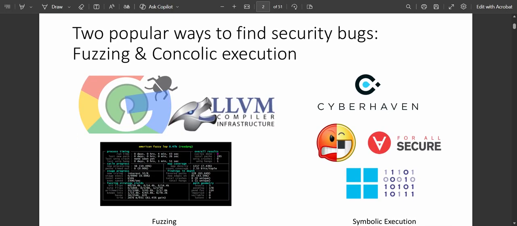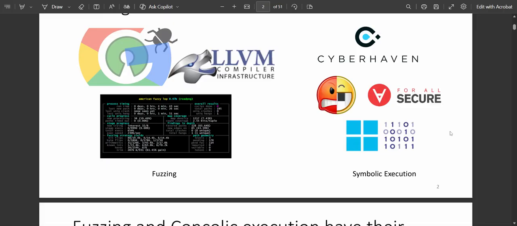So, coming to the topic, there are many ways to find security bugs, but the most famous ones are fuzzing and concurrent execution. These are the two main things used to find security bugs.